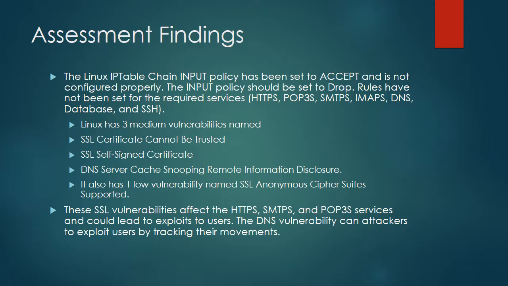Linux had three medium vulnerabilities. They were SSL certificate cannot be trusted, and this certificate couldn't be trusted mainly because it was self-signed and it wasn't from a public certificate authority. Next we have SSL self-signed certificate.